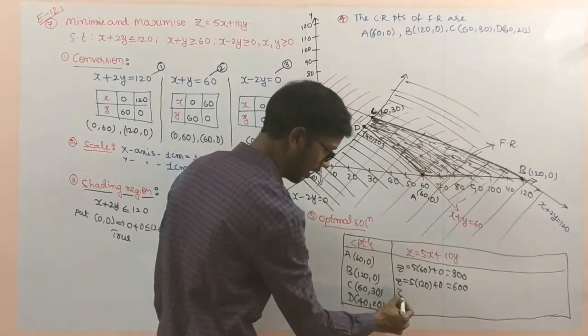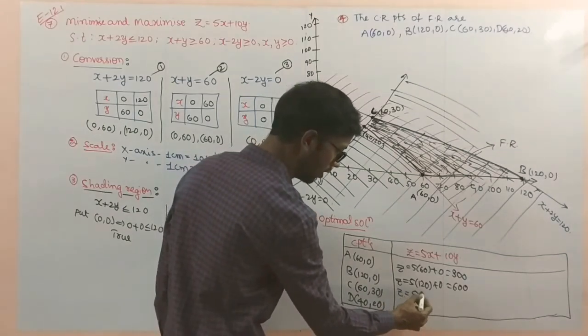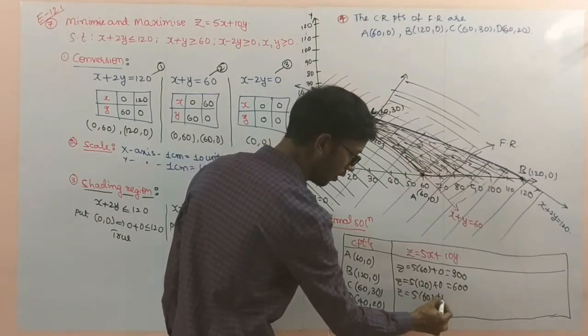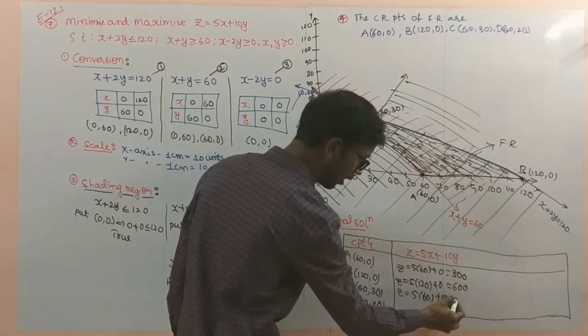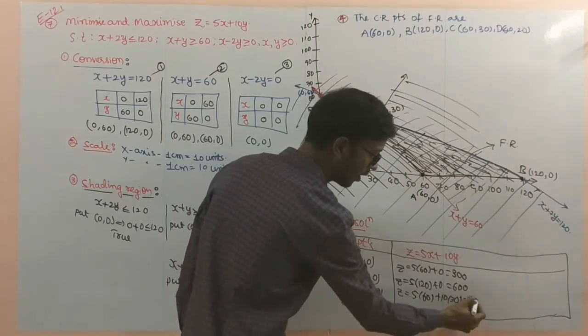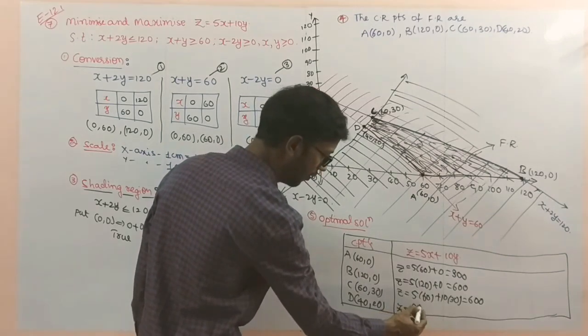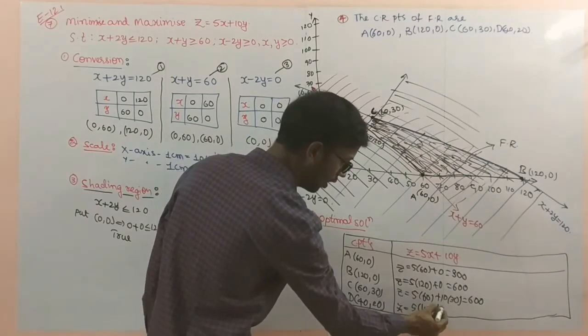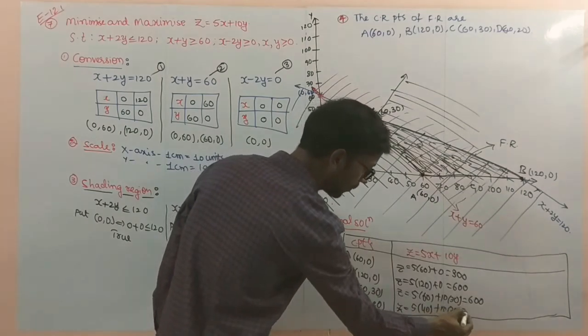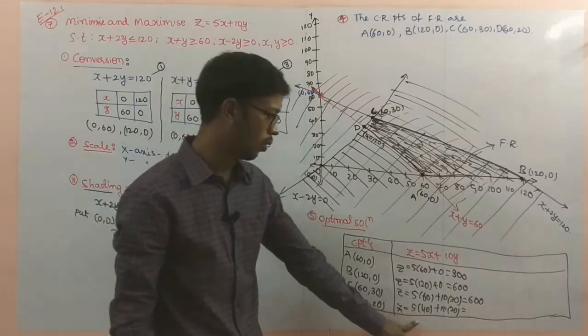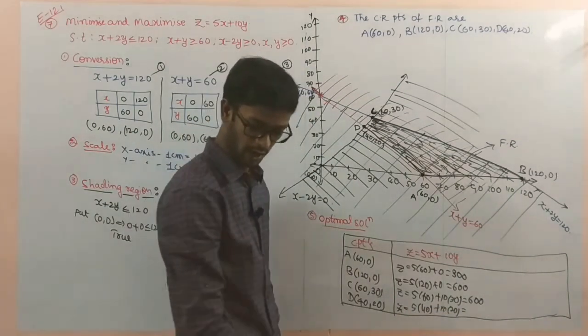Next one, Z equal to 5 into 60 plus 10 into 30, 300 plus 300 is 600. Last one, Z equal to 5 into 40 plus 10 into 20, 200 plus 200, that is 400 you will get.